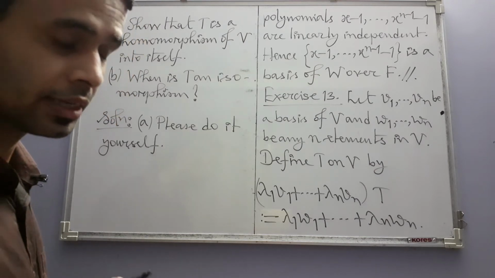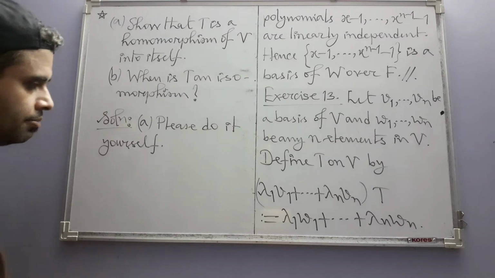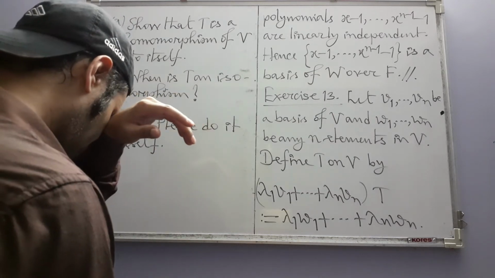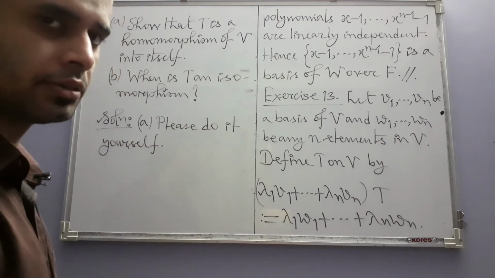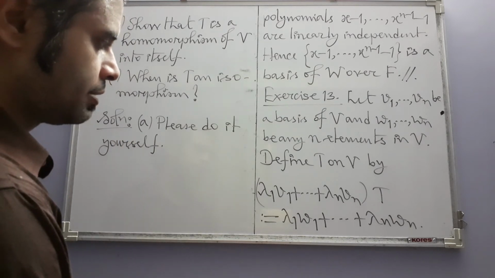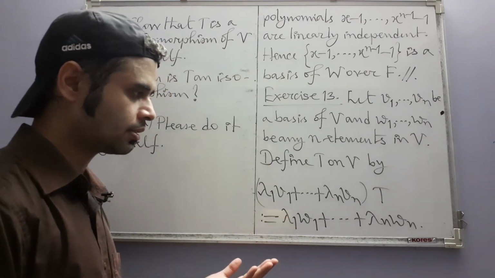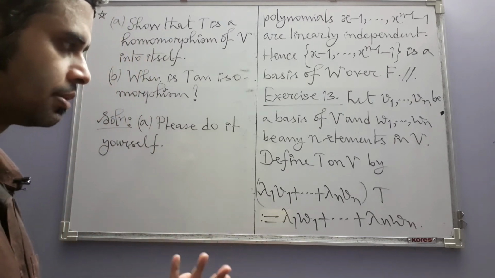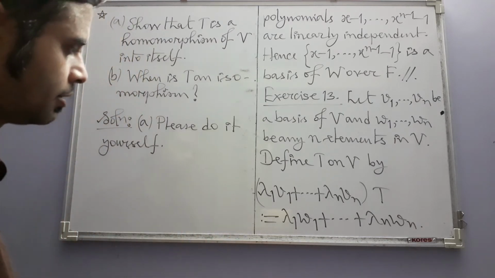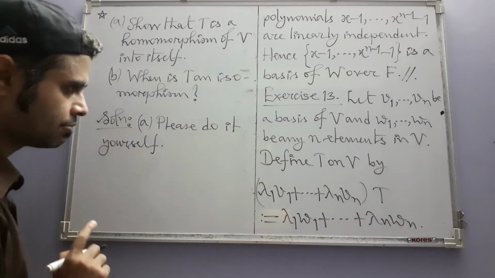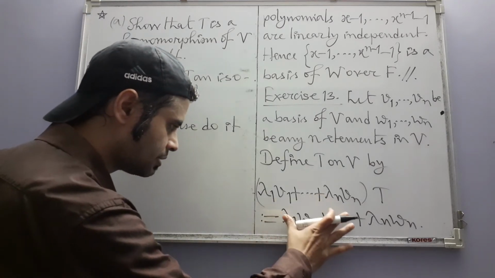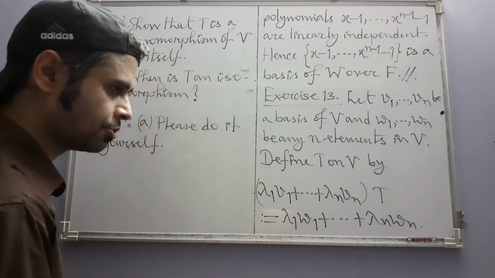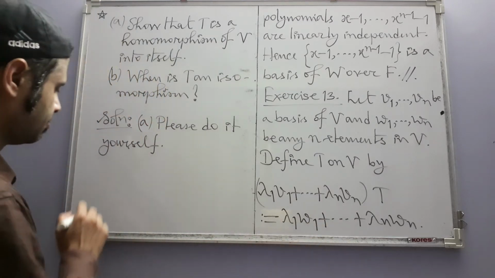Oh, but there is a question. You see, you have to in fact show that T is well defined. That is because just simply looking at the definition, we may not at once guess that T is well defined. To prove that T is well defined, you have to prove that for a given input, there is only one output, that is, it's a unique output.